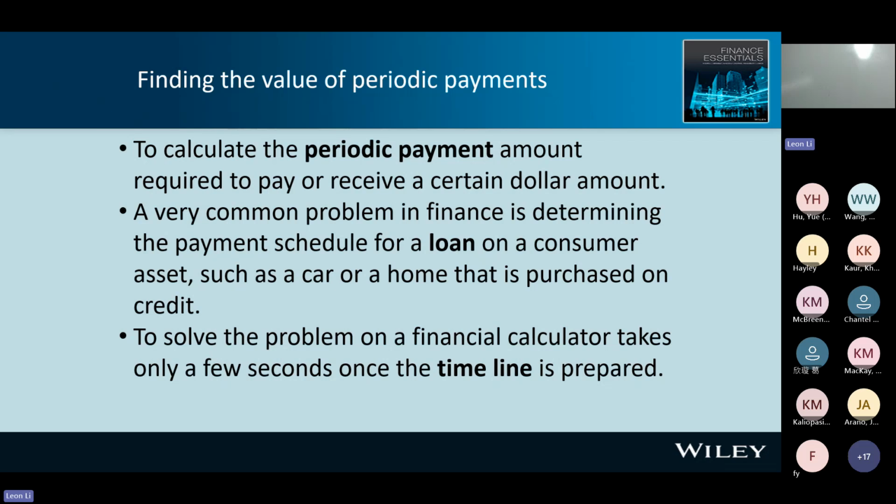It's a very common problem in finance, determining the payment schedule for a loan on a consumer asset, such as a car or a home that is purchased on credit. To solve the problem on the financial calculator takes just a few seconds once the timeline is prepared. So for me, the timeline is important.